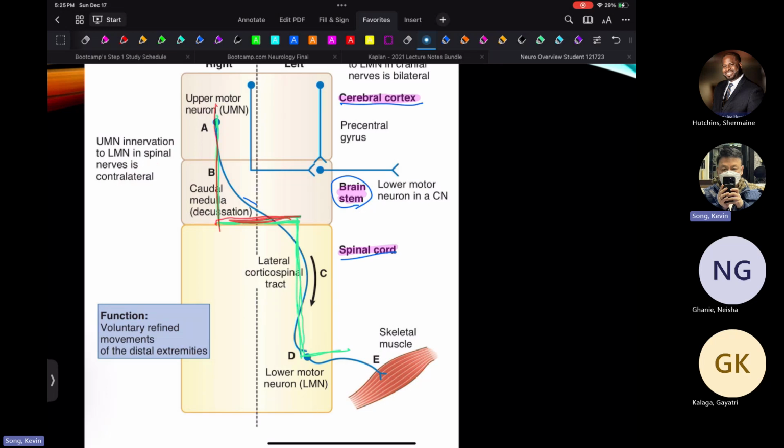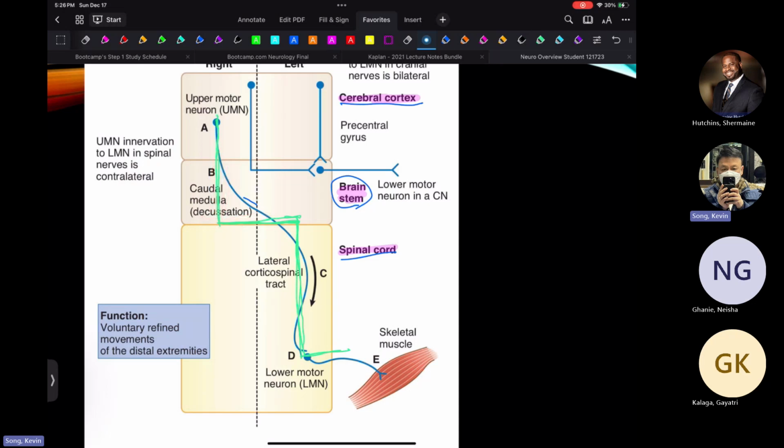If the teacher doesn't say where in the brainstem, it doesn't matter. As long as it is in the brainstem, for the corticospinal tract, the lesion is before it crosses. Very, very important. It will make your life much easier.